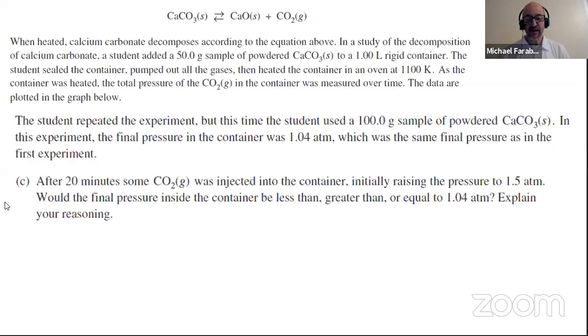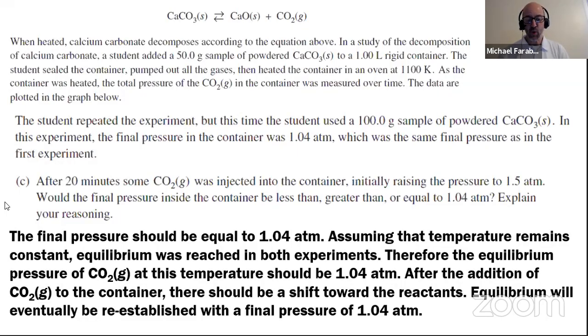So it seems like the equilibrium pressure should still be 1.04 atmospheres. Assuming that temperature remains constant, equilibrium was reached in both experiments. Therefore, the equilibrium pressure of CO2 at this temperature should be 1.04 atmospheres. Now, after the addition of additional CO2 raising the pressure to 1.5, there would be a shift toward the left, toward the reactants, and equilibrium would be reestablished with a final pressure of exactly 1.04 atmospheres again.